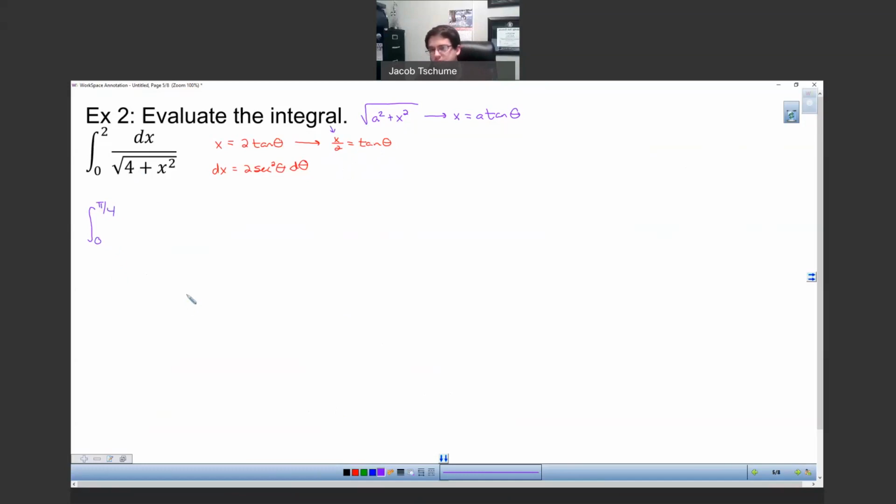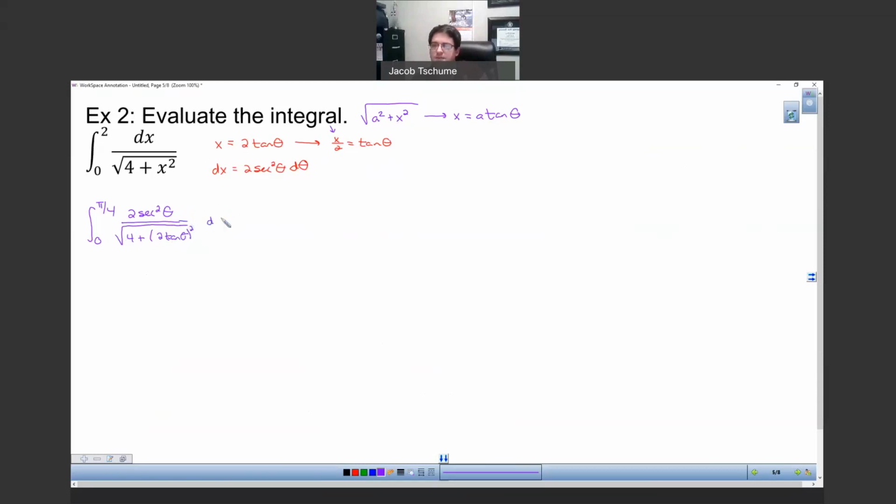Now you can sub your trig substitution in. The dx term on top is going to be 2 secant squared theta d theta. Actually, I'll put the d theta on the end when I'm done. So divided by the square root of 4 plus, then you've got to take 2, oops, not secant squared, sorry, 2 tangent. I plugged the wrong thing in. 2 tangent theta all squared.